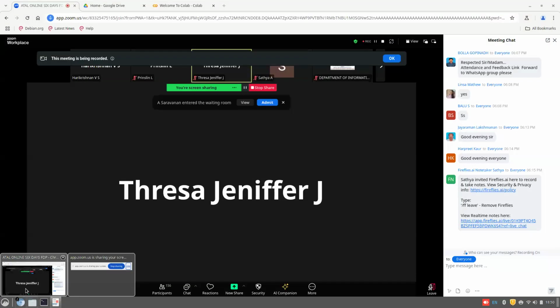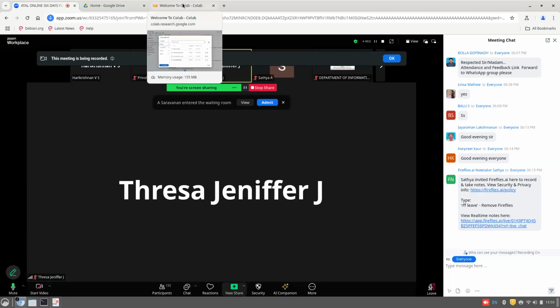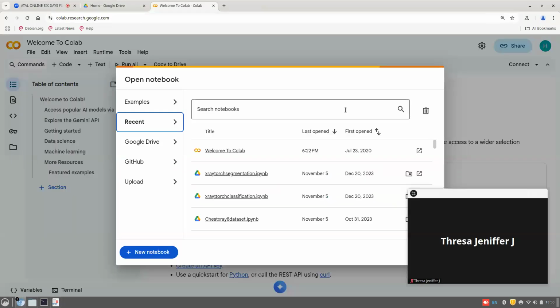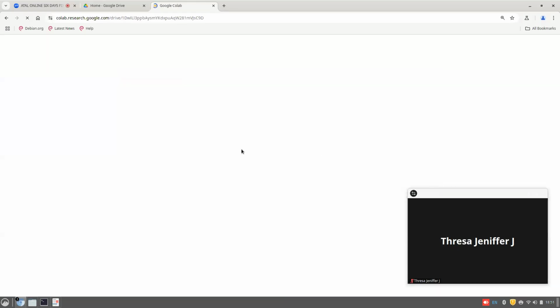So as computer engineers, we will be more interested in understanding how we can access these DICOM images by using a Python program. So we'll just move on to a Colab tutorial for this. We'll see that and then come back to the presentation so that it is more clear.